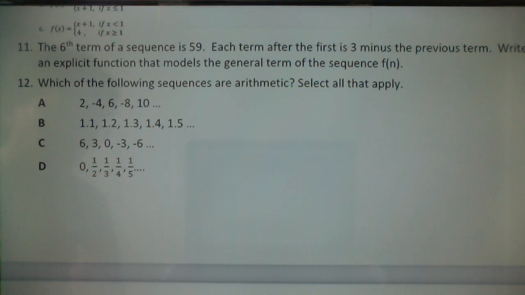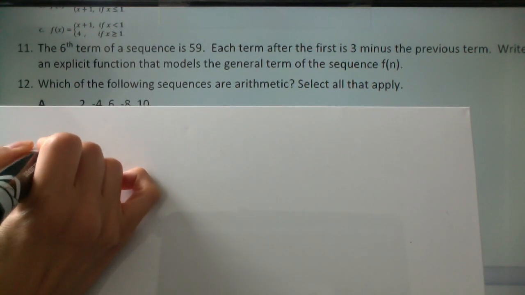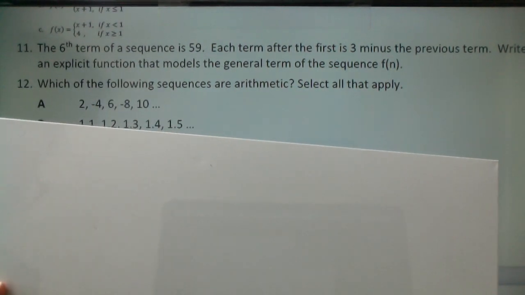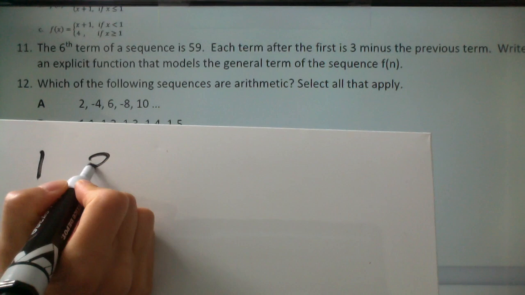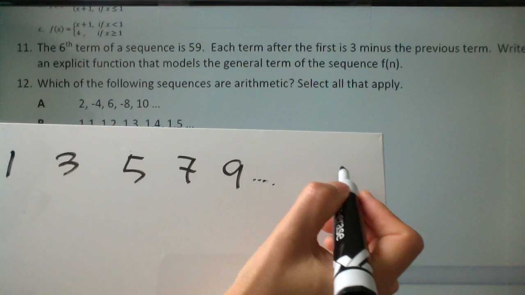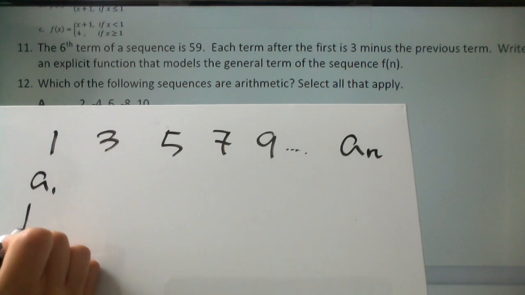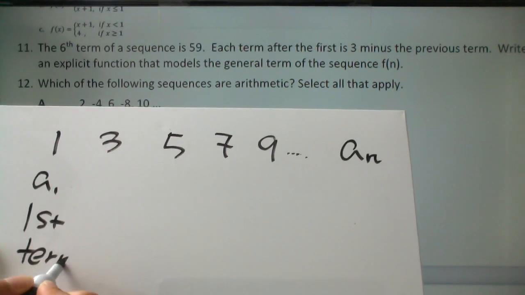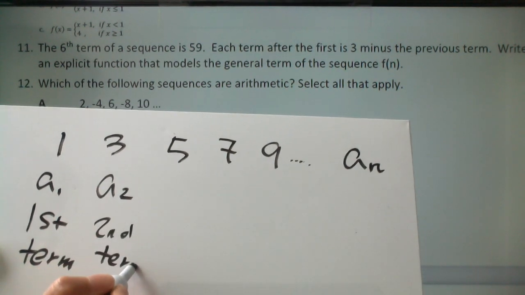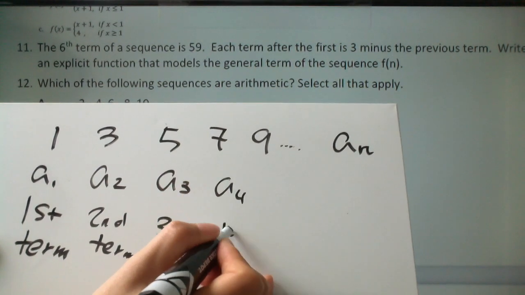First, I will explain the sequence. I'll make my own example. In a sequence, I can say 1, 3, 5, 7, 9. I can say this is A1, the first term of the sequence. This is A2, second term. A3, third. A4, fourth.